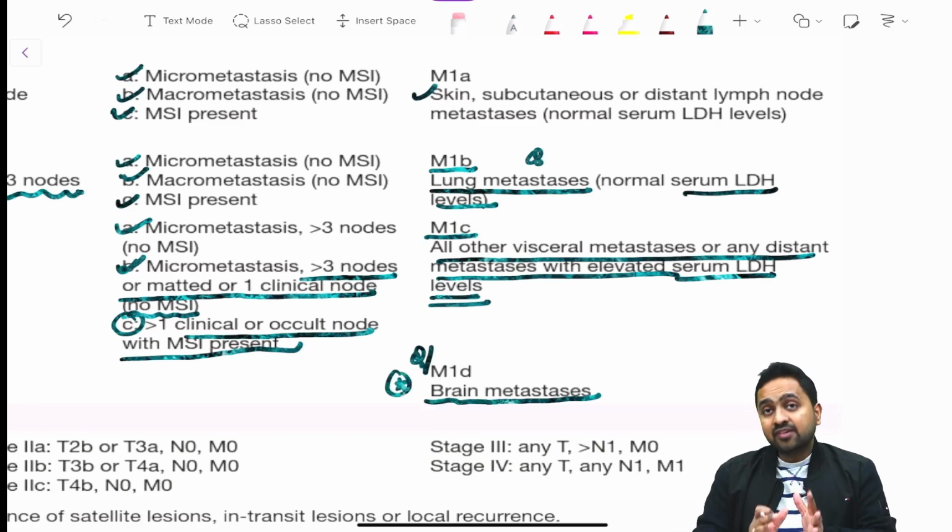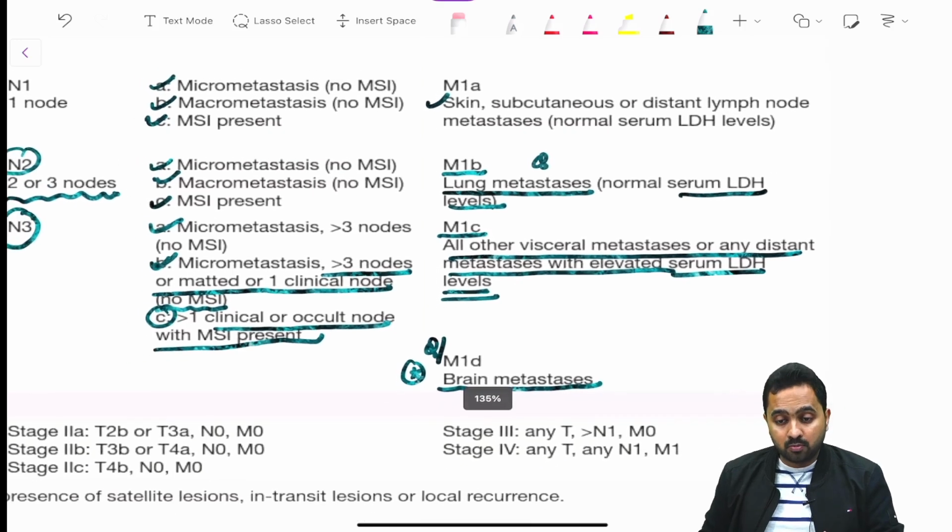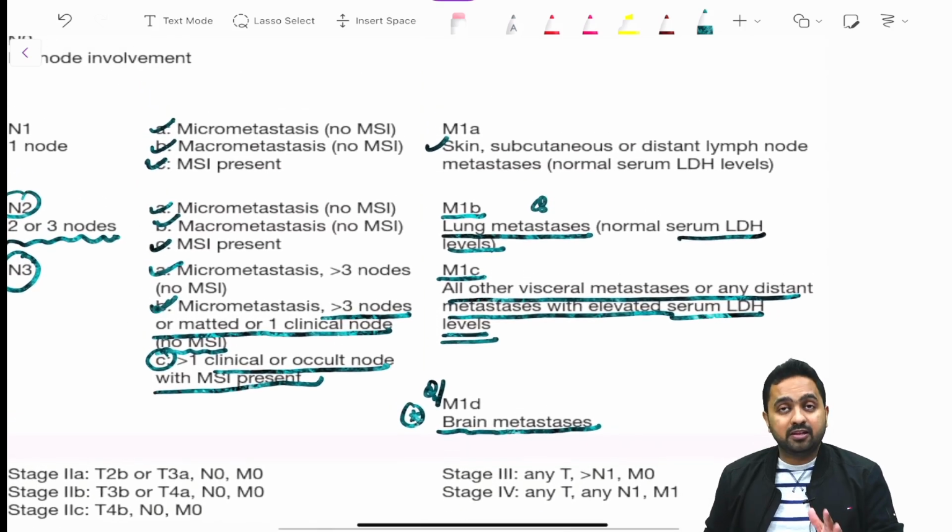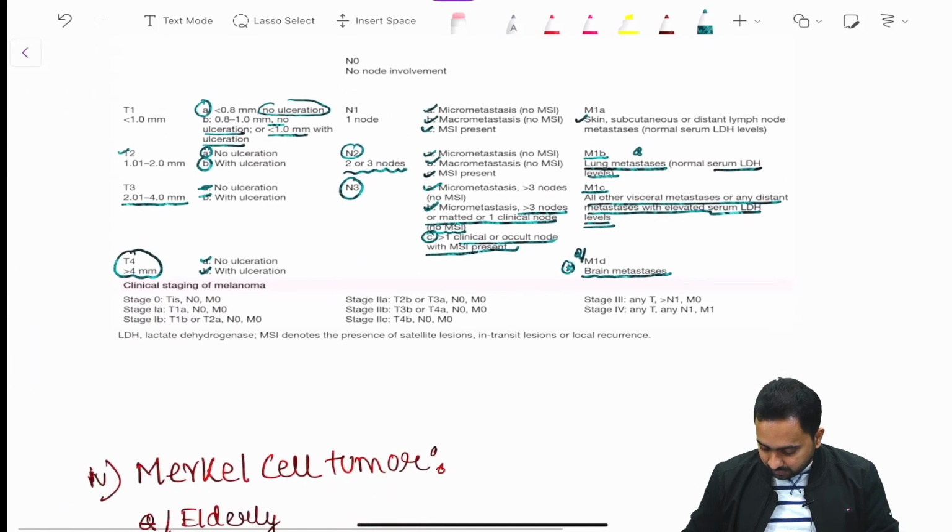So, if a question has to be framed from the TNM staging of your malignant melanoma, there are high chances that they would be framing it from the M part. So, remember, LDH is elevated in C, lung is B and brain is D, right, and 1A would be your skin, subcutaneous tissue or the distant lymph node metastasis, right.